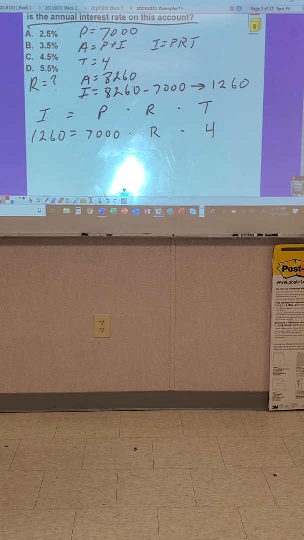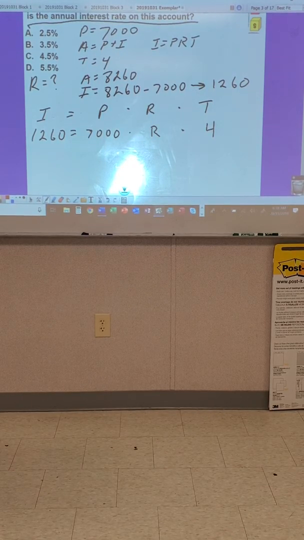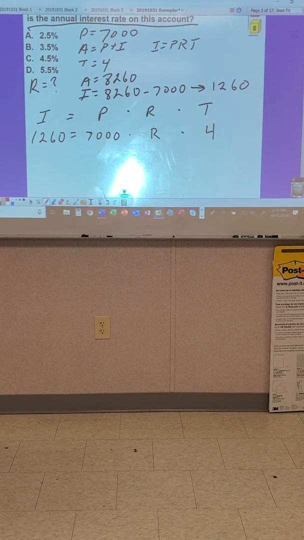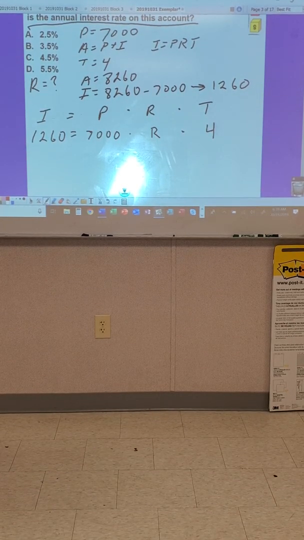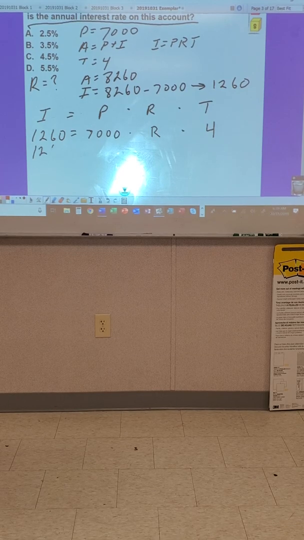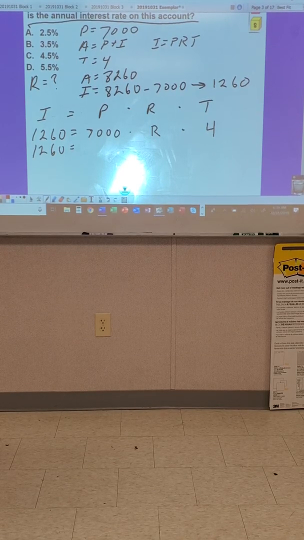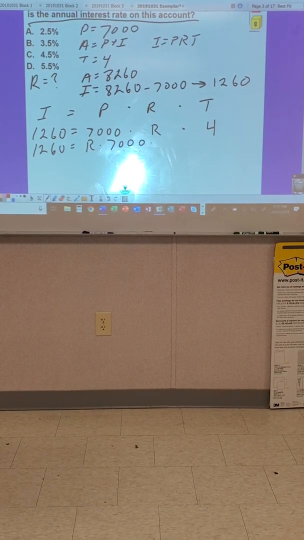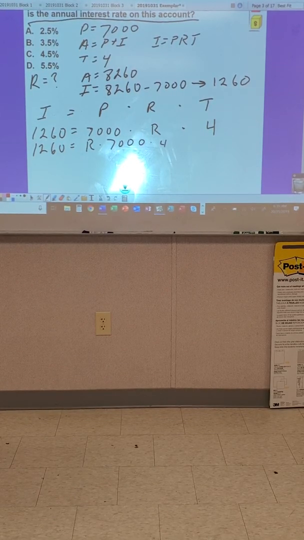With any multiplication problem, the things being multiplied, you can have them in any order. So let's make this a little more clear. 1,260 equals our rate times 7,000 times 4.